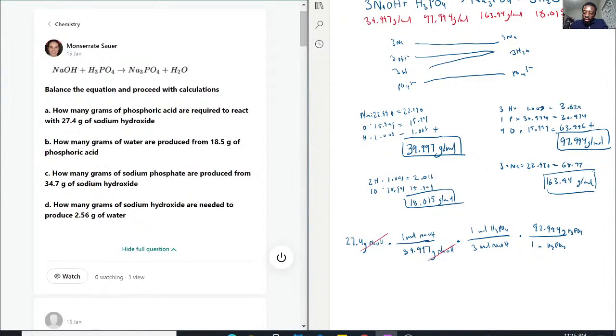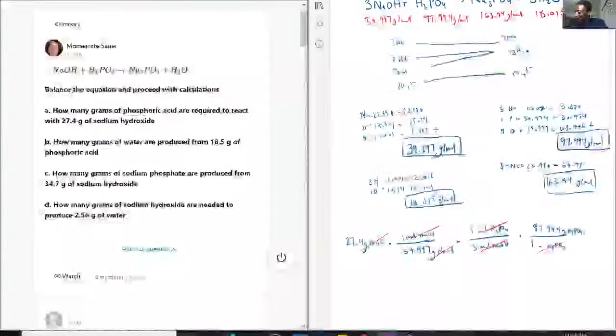So with this, hopefully our units will all cancel out. Grams of NaOH, grams of NaOH, moles of NaOH, and the moles of H3PO4. Perfect. So what we're going to have to do here in this case, it will be 27.4 divided by the 39.997 divided again by 3 moles because of that ratio, and then multiplied by 97.994.